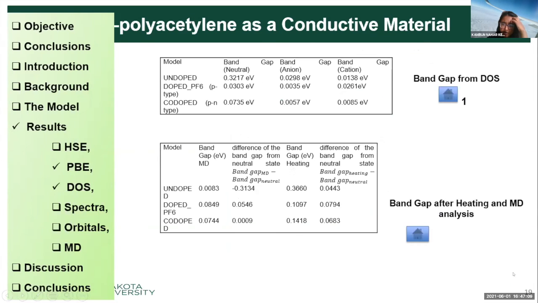If we look at the band gap of the density of state and compare it with the neutral state, it shows that after applying heat and calculating molecular dynamics, it shows less band gap. That means if we apply heat and do the molecular dynamics calculation, that material will behave as a more conductive material than others.